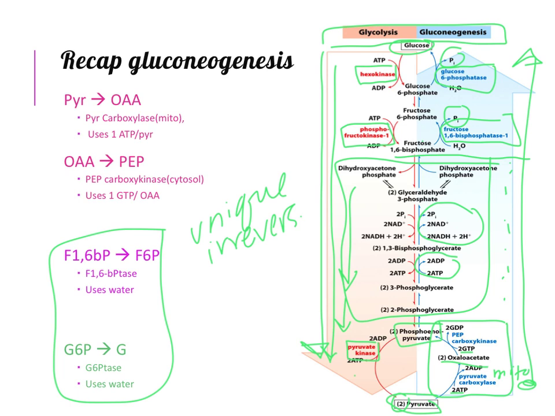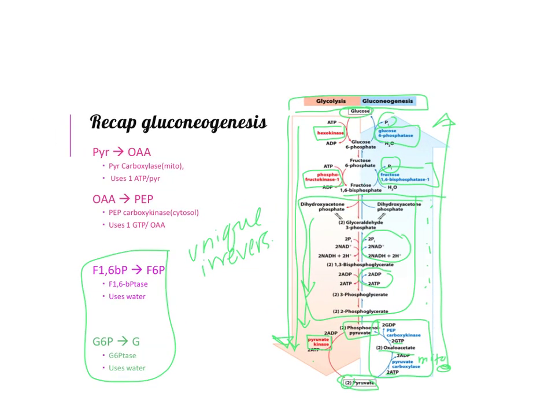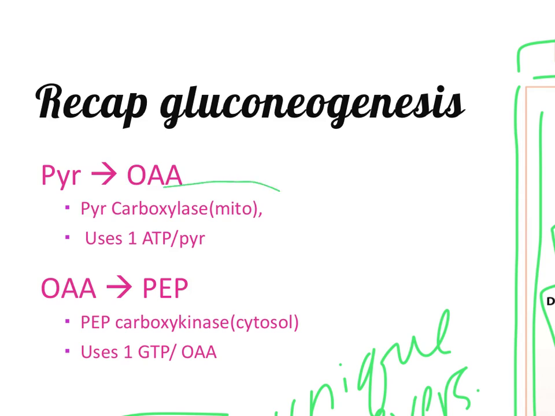You have to work around the 3 irreversibles, and it actually takes you 4 steps to do that, each with unique enzymes. So we have an extra enzyme and an extra step. And the reason this step is in the mitochondria is for regulation.